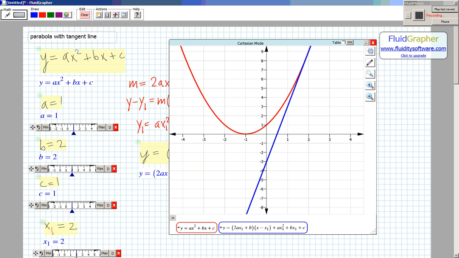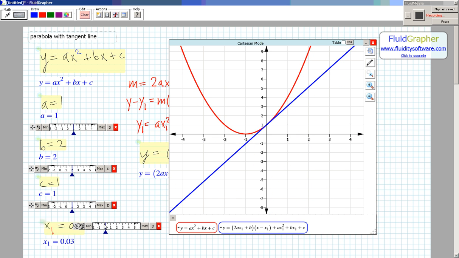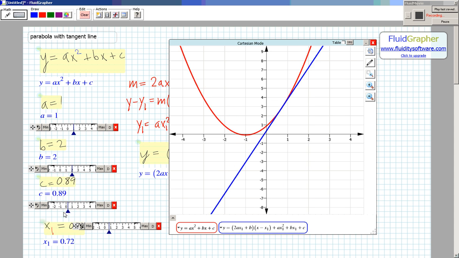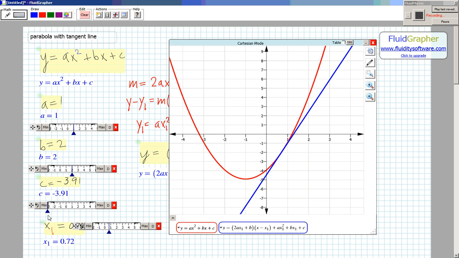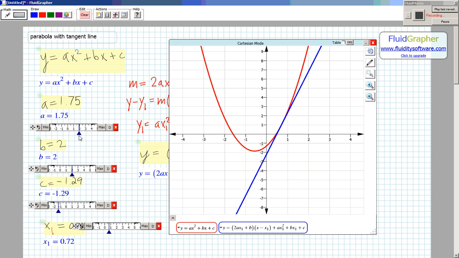And then I can do my slider for where that tangent line shows up. My tangent line is moving around my parabola. And I can change where my parabola is. Change the constants defining my parabola.